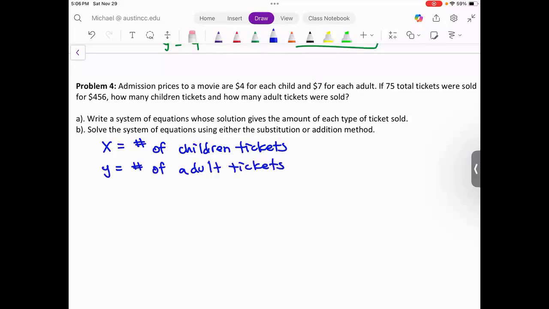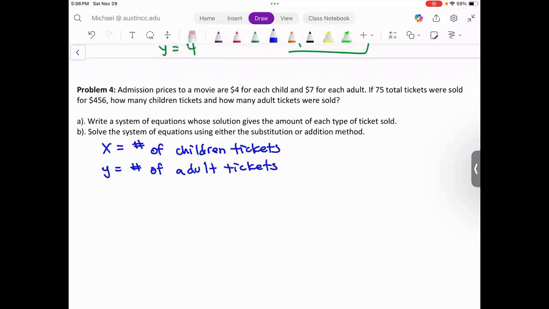Now, we know we're going to need two equations, and we have to use this problem to help solve it. So, first thing we can do is look at how many tickets were sold. There were 75 total tickets sold. We know that there were children tickets and adult tickets. So, if we add the number of children tickets to the number of adult tickets, it should be 75.